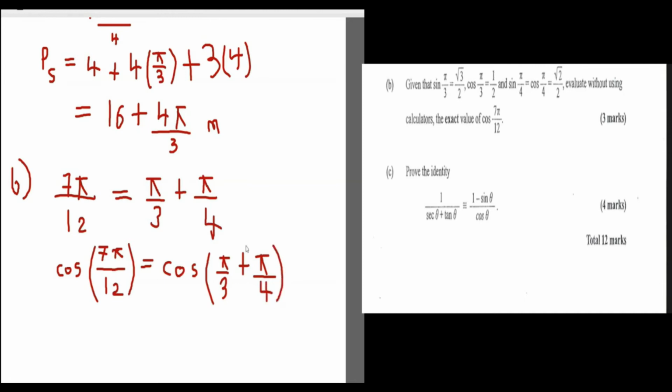So we can extend this now, because we know that cos of (A plus B) is equal to cos cos minus sine sine. So this is equal to the cos of pi by 3 times the cos of pi by 4 minus the sine of pi by 3 times the sine of pi by 4.